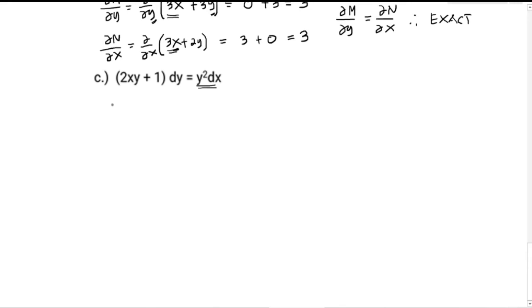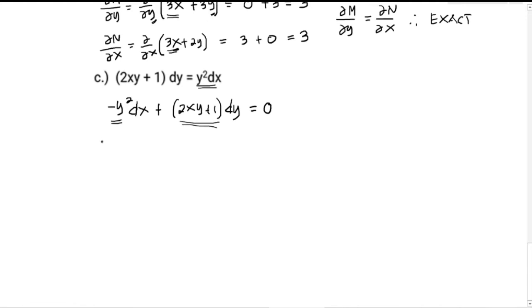So we have here negative y squared dx plus 2xy plus 1 dy, and is equal to 0. Here, our value for M is negative y squared, and our value for N is 2xy plus 1.